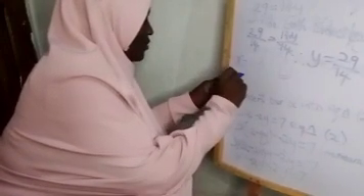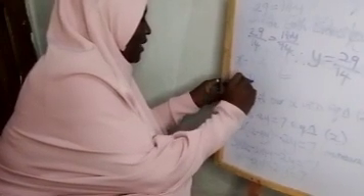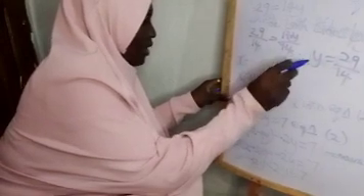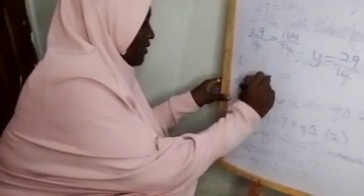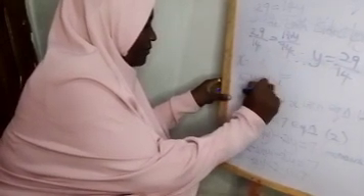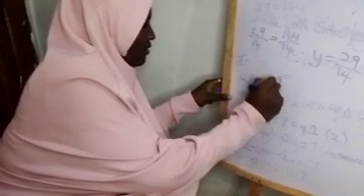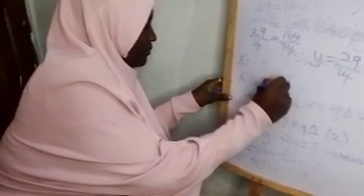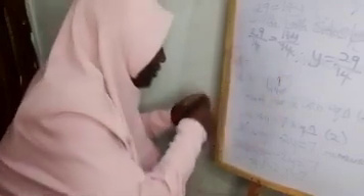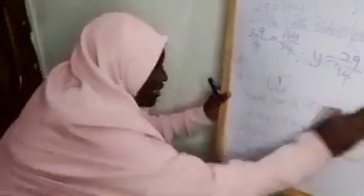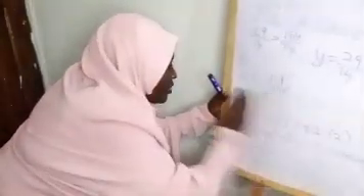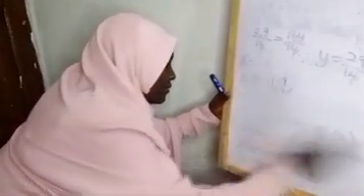So we insert our y. Our x equals 12 minus 4, and our y is 29 over 14. So let's continue from that.